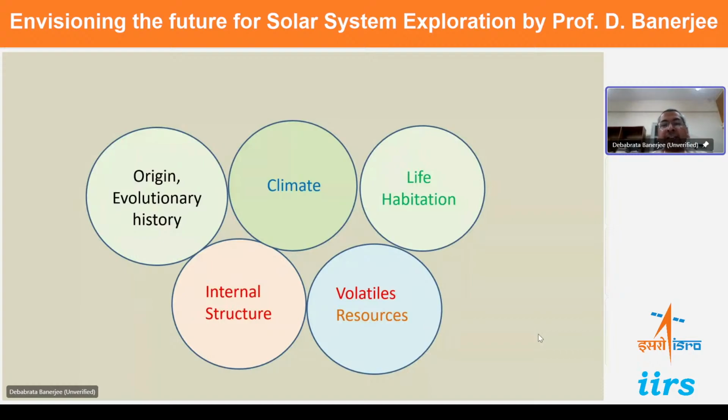Climate is relevant in the case of Mars, okay, and Venus, and some of the satellites. So how did the climate change through time in the case of Mars?